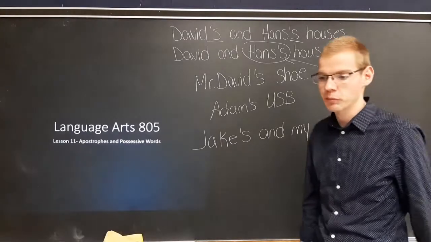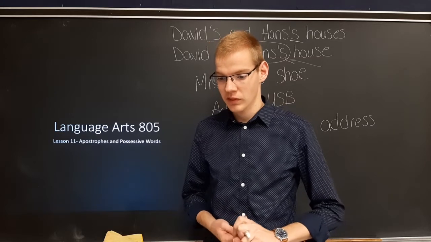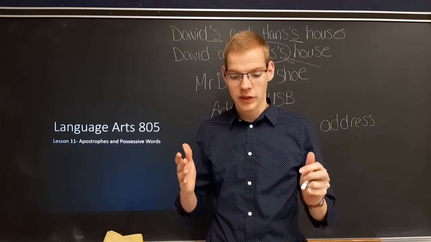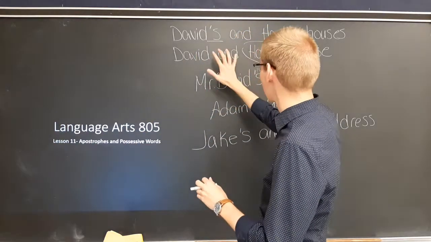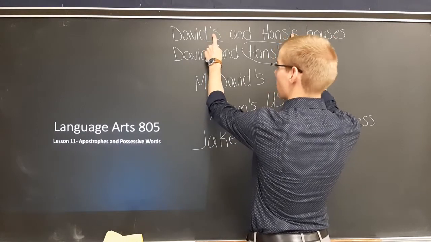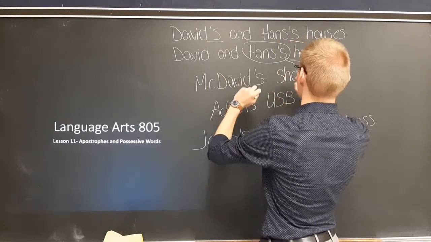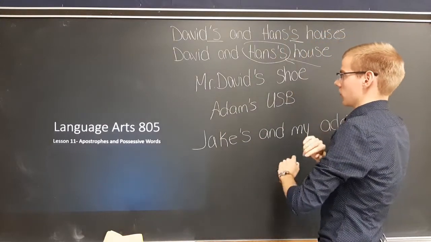Yeah, that's how you spell it. So, beyond that, I think we understand this pretty well: if we have plural, then add an apostrophe S for both of them. If it's singular, then just add apostrophe S to the last one.